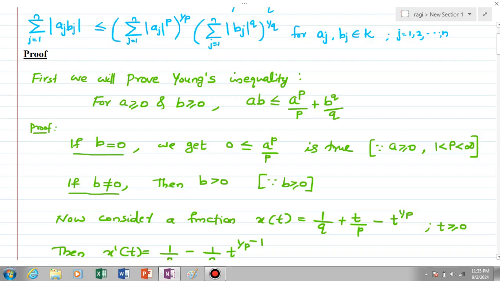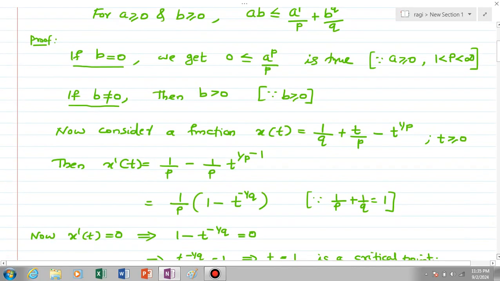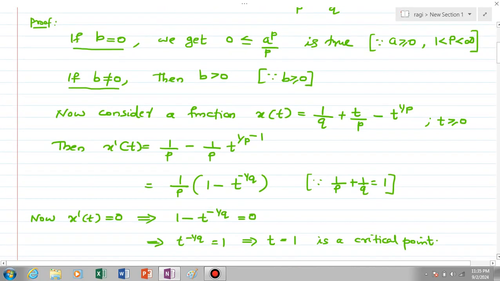Now we are going to consider a function x(t) whose domain is [0, infinity). Consider the function x(t) = 1/q + t/p - t^(1/p), where t ≥ 0.